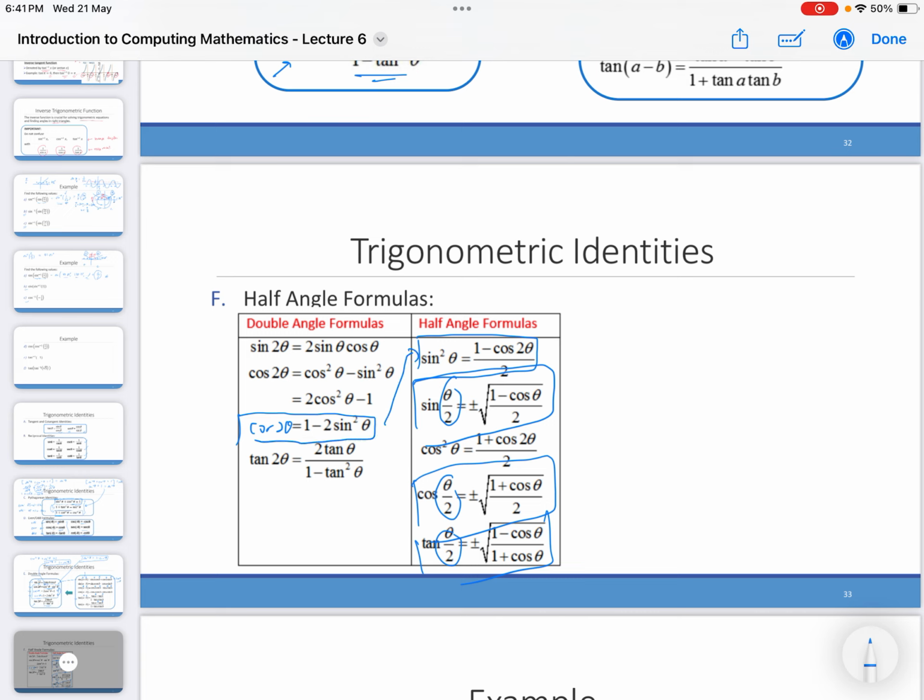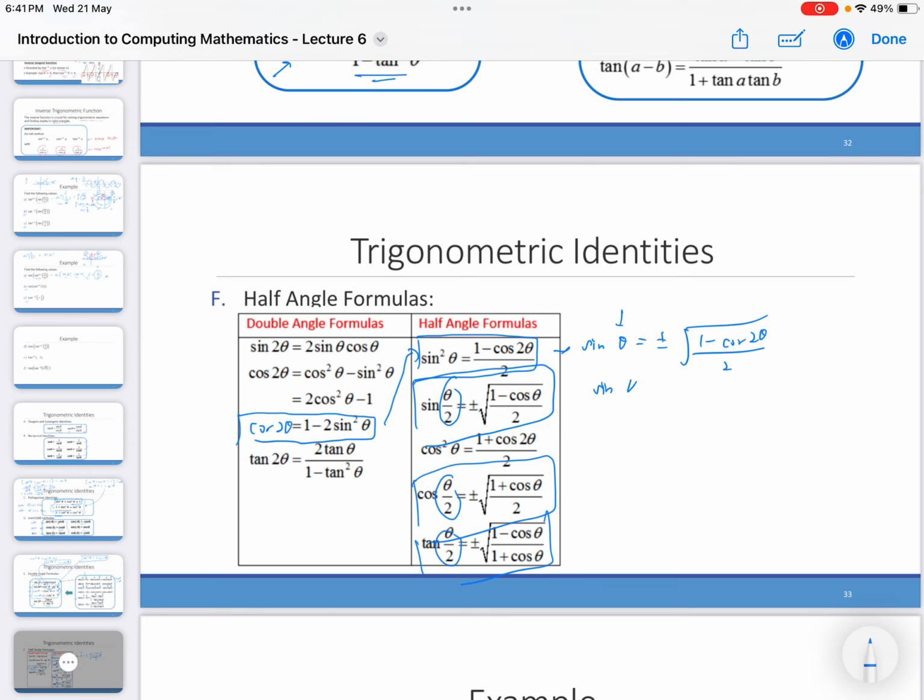We get this. Then sin theta equals plus or minus the square root of 1 minus cos 2 theta over 2. Now, anything with theta we just divide by 2.